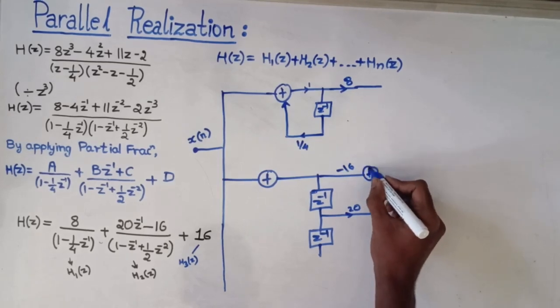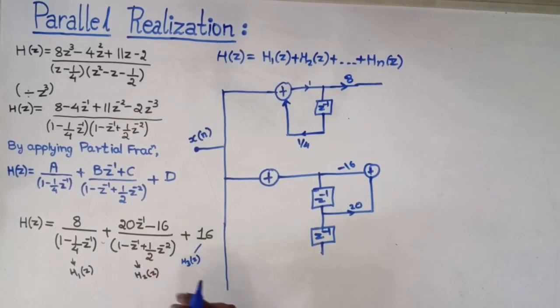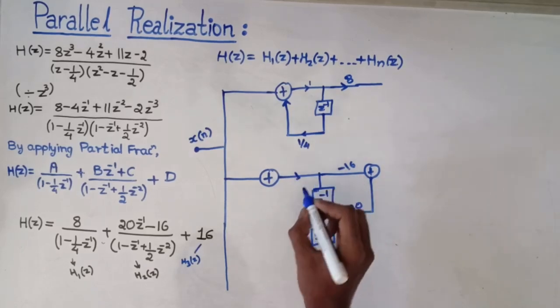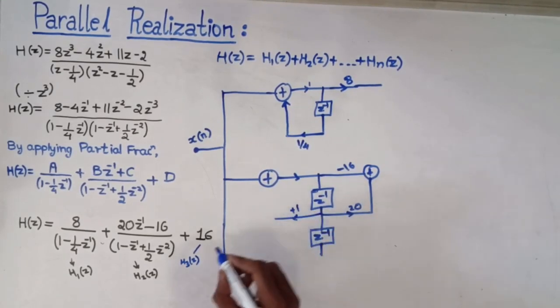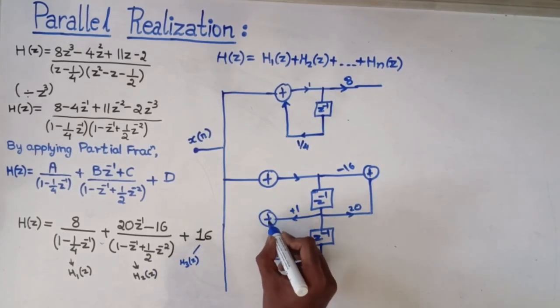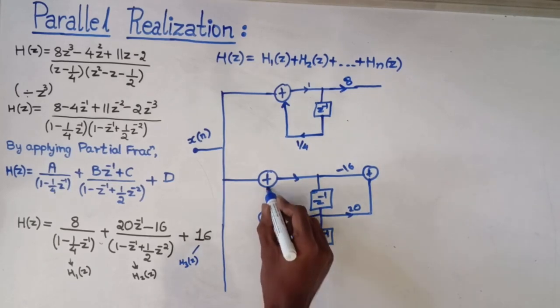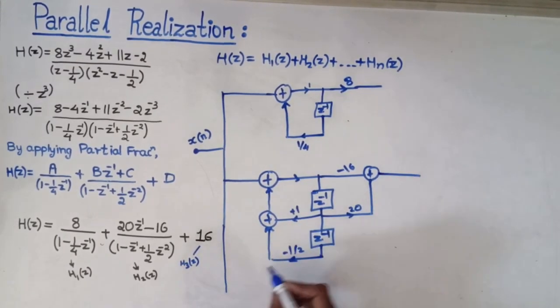And this is the summation point for the numerator. In the denominator we have 1 - z^-1 + 1/2 z^-2. The -z^-1 becomes +z^-1, and +1/2 becomes -1/2, and the summation point. This is our H2(z).